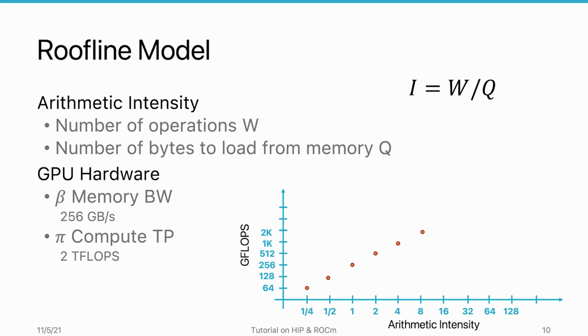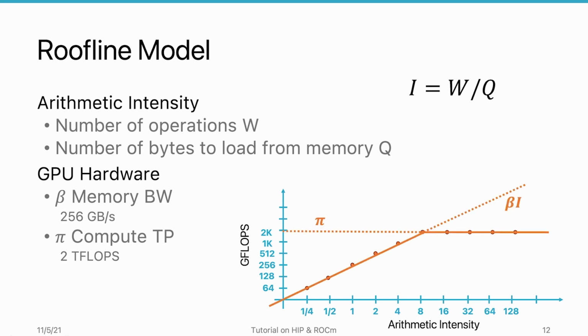In this case, if we load 256 GB of data, we perform 2 teraflops of operations. So at this point, we get a balance: we fully utilize both the bandwidth and the teraflops. Then, as we keep increasing the arithmetic intensity, we fully utilize the compute throughput, but we cannot fully utilize the memory bandwidth. Then we have a roofline plot, which looks like this.